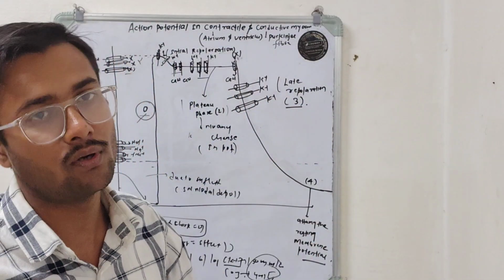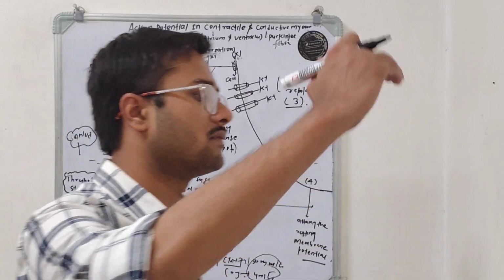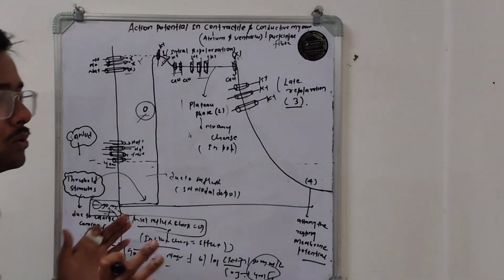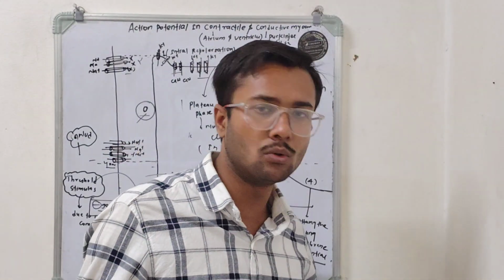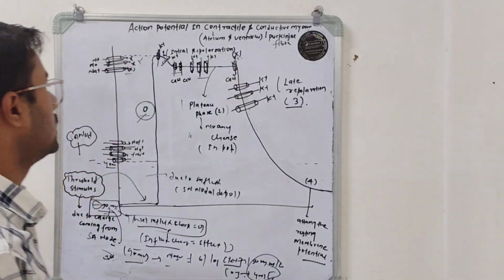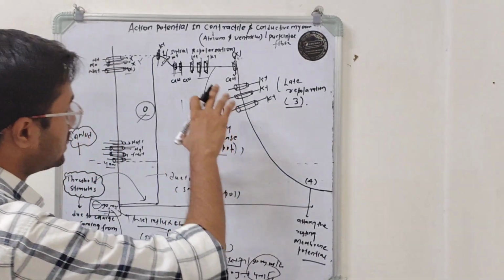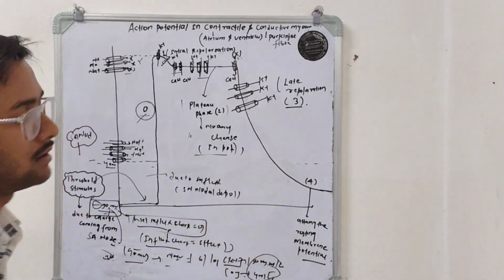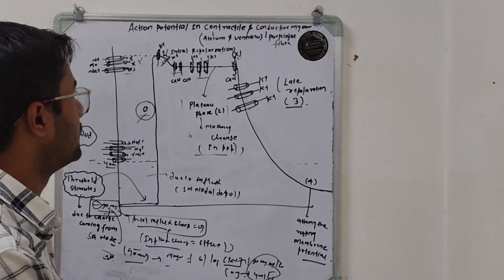Here, whatever amount of charge is entering, the same amount exits. So it is also a state of equilibrium, with no net movement of charges. That is what occurs in the plateau phase.